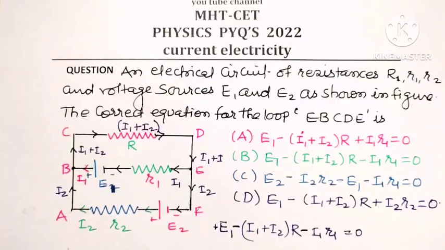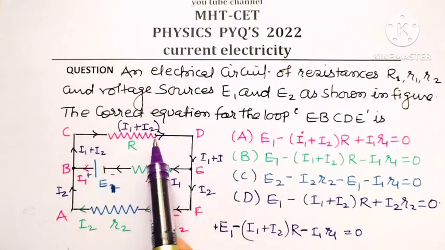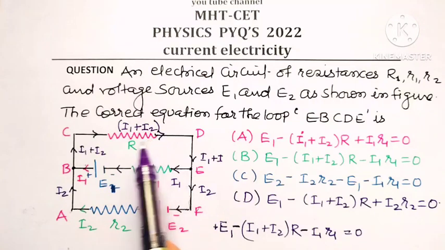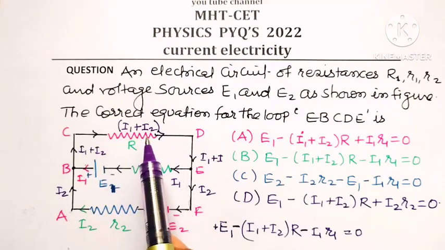So remember that whenever we trace any closed loop, the EMF of a cell is taken as positive if we trace the circuit from the negative terminal towards the positive terminal within the cell, whereas the potential difference across a branch is taken as negative if the current flows through it in the same direction as that in which we are tracing the circuit.